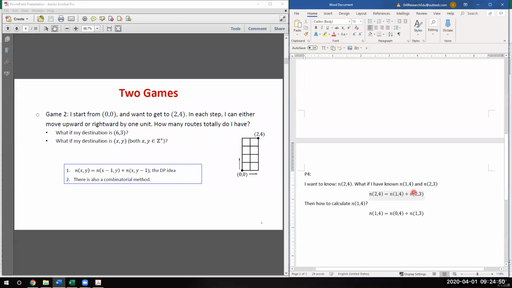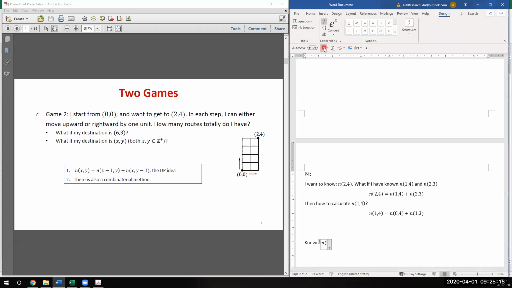And very similar, N(2,3) equals N(1,3) plus N(2,2). And you can do the same, until you get to the point of calculating N(0,1) and N(1,0). But clearly, everyone knows the number of N(0,1) and N(1,0). How many ways can you go from 0, 0 to 1, 0?